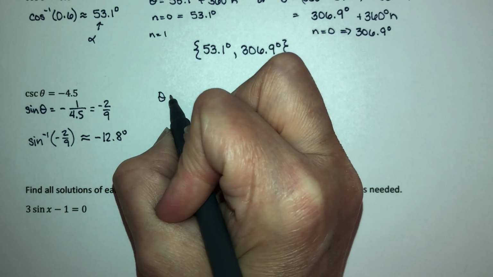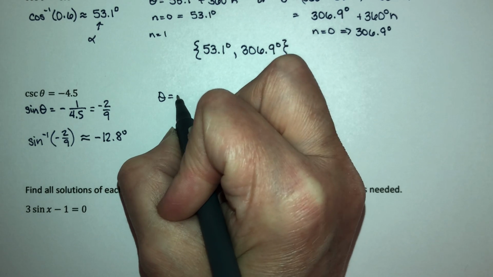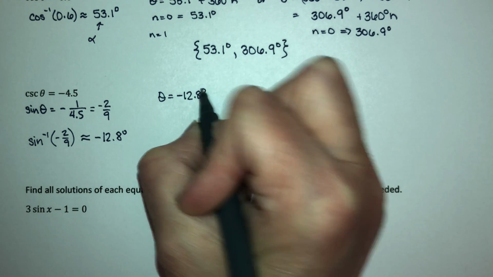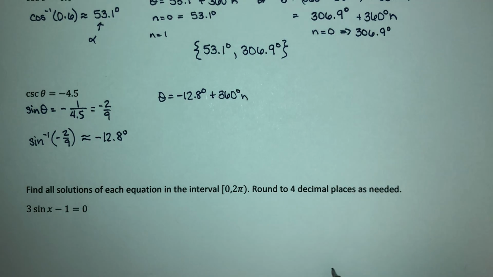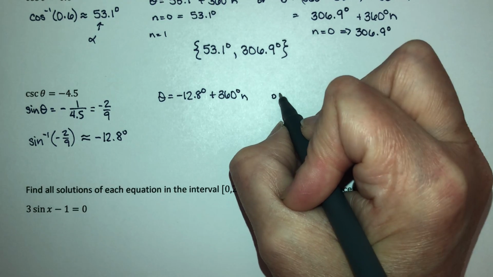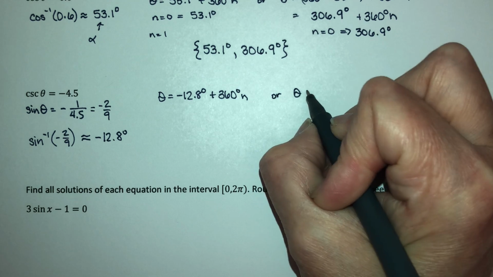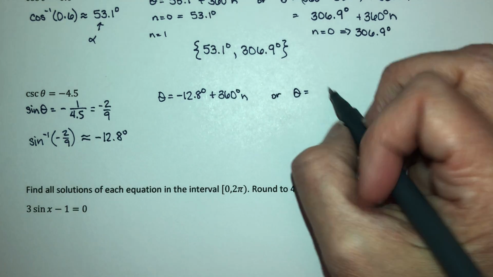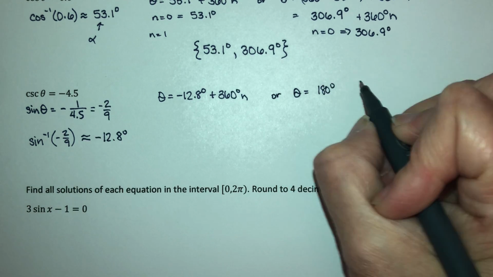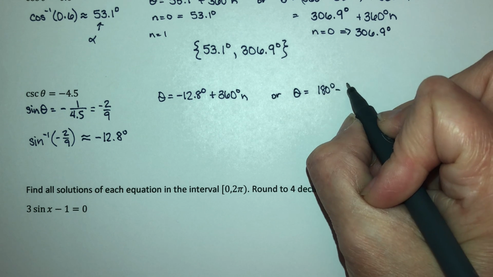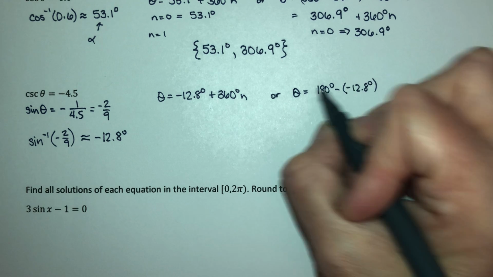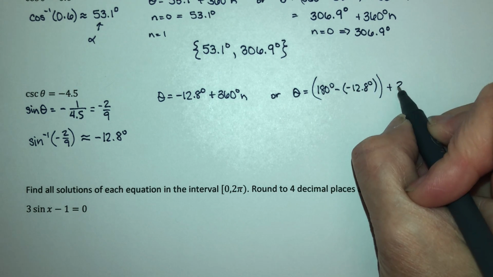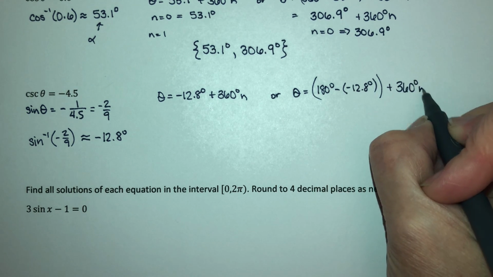So our first set of possibilities will be negative 12.8 degrees plus 360 degrees n. And our second set of possibilities, since this is sine, it will be 180 degrees minus a negative 12.8 degrees plus 360 degrees n.